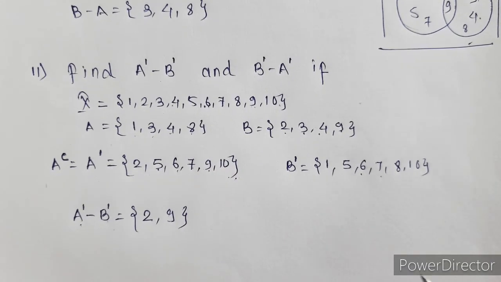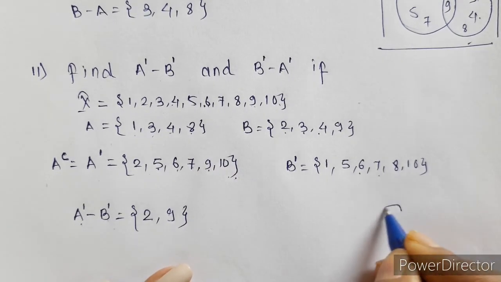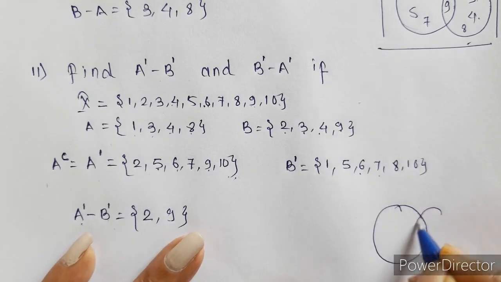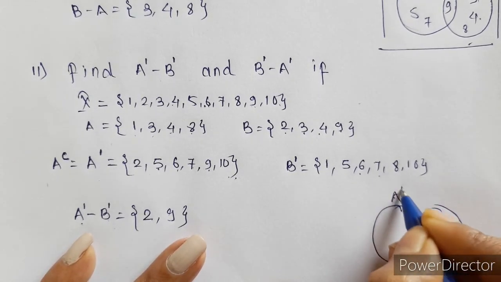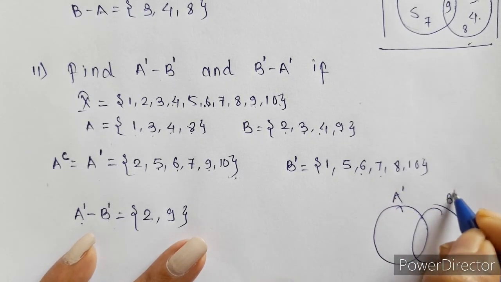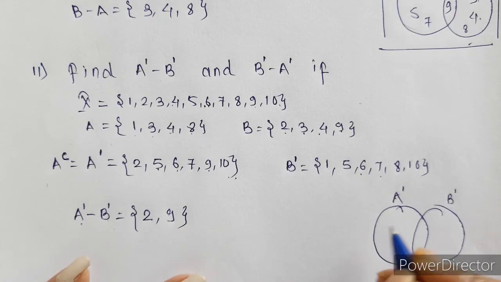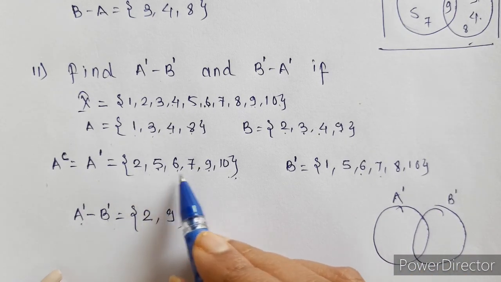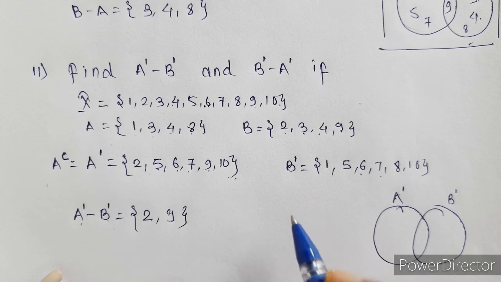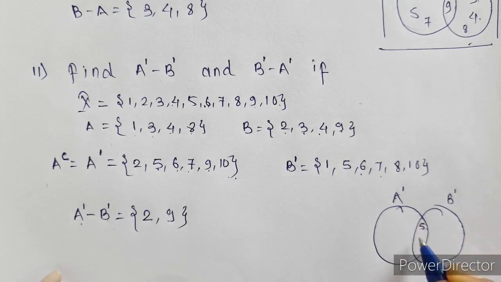Now, if we draw a Venn diagram for this, this is my set A dash and this is set B dash. In A dash I have 2, 5, 6, 7, 9 and 10, from which 5 is common, 6 is common, 7 is common and 10 is also common.